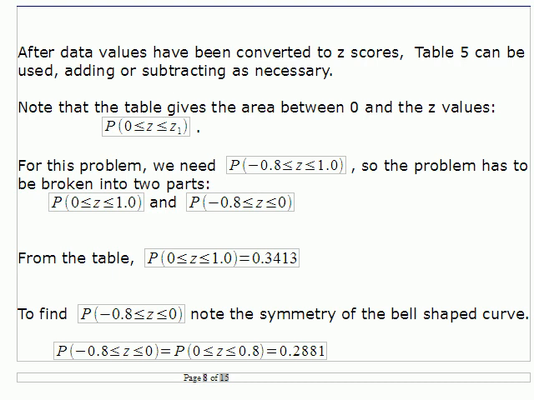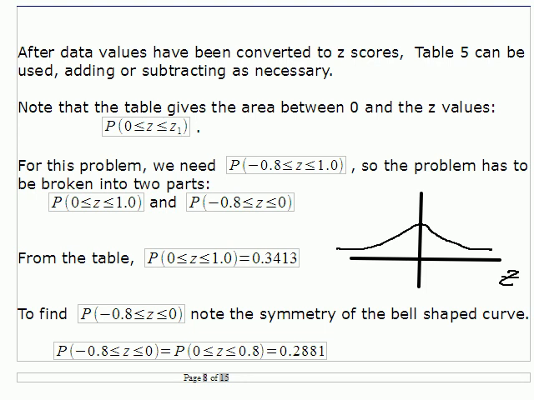Right. So what the table is giving, I'm going to draw a picture of it here. These are my z values, and here's my standard normal distribution.